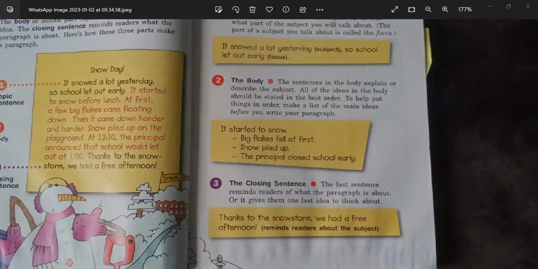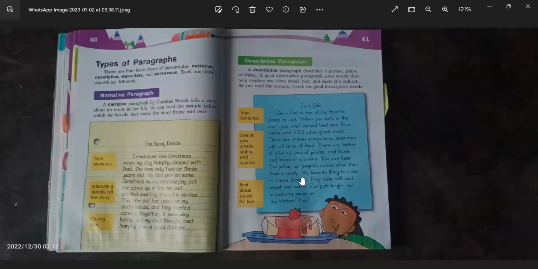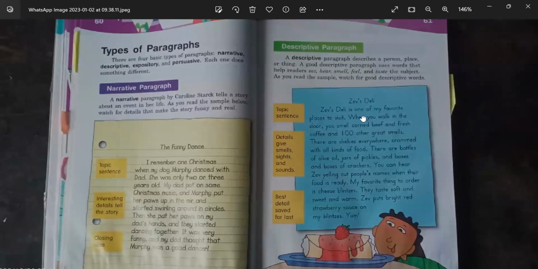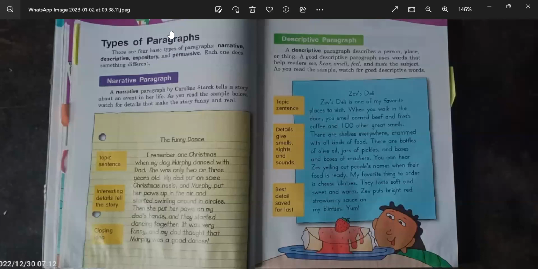Okay, kalau so far so clear, okay, we move on. Can you see my slide now? Yes, Miss. I see, Miss. Okay. It's types of paragraphs, right? Yes, Miss.